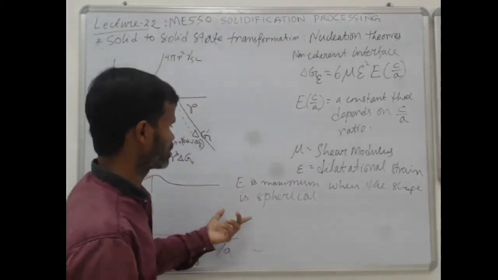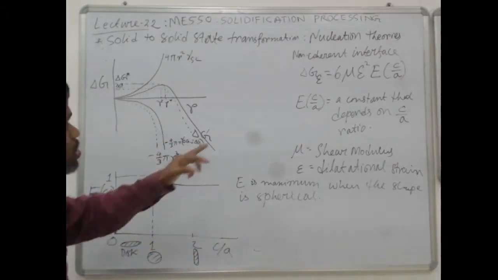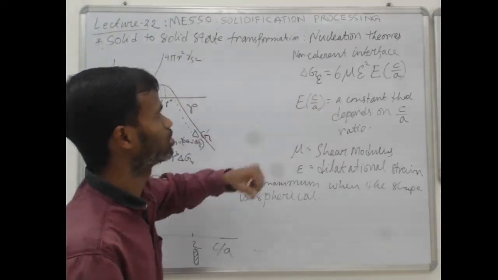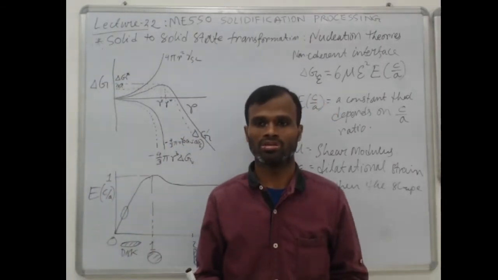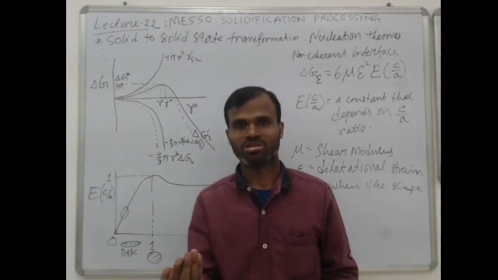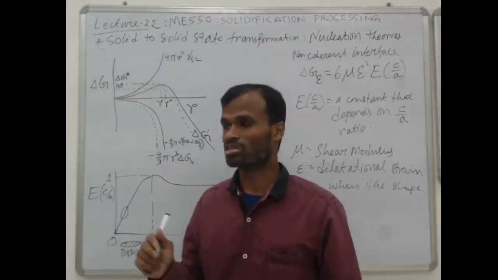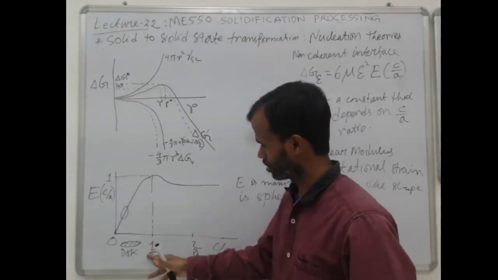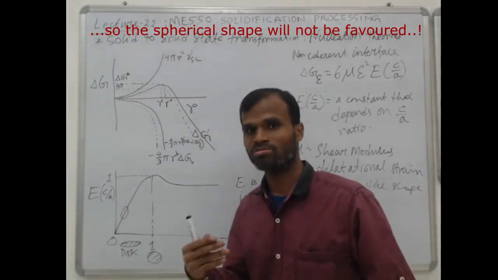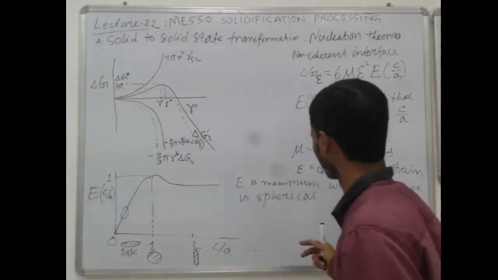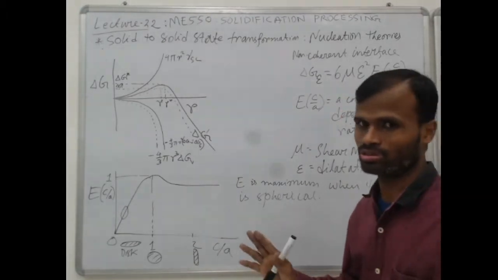But here, if the shape is spherical, then because of this term the strain energy will be maximum. So there will be a competition. In some cases, to reduce the overall energy, the system can achieve a shape which is not spherical.